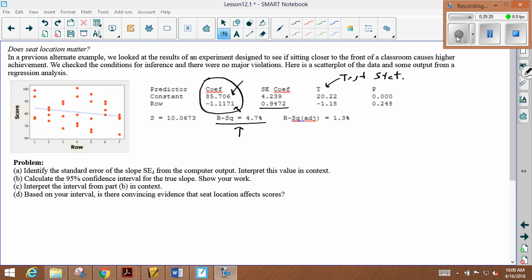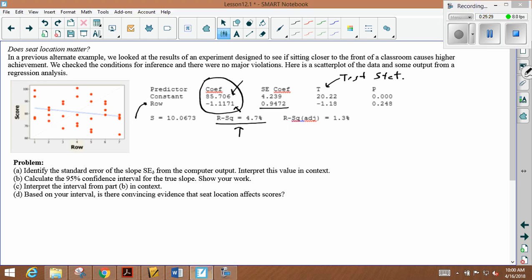Remember, everything in this column, I mean row, sorry, my brain went to some other word, everything in that row, named row, corresponds to your slope.